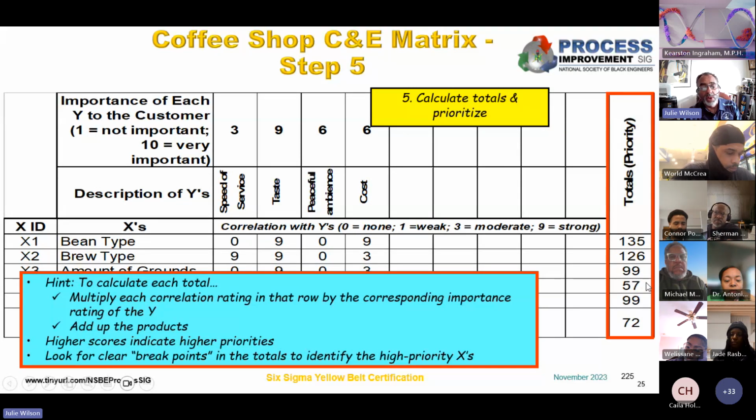So we won't really worry about the cleanliness of the store. And we're not even going to worry about the type of cup, because 72 is quite a ways away from 126. So the break point is, like I said, the decision that you make about which ones to consider and which ones you're not going to worry about in trying to solve the problem.